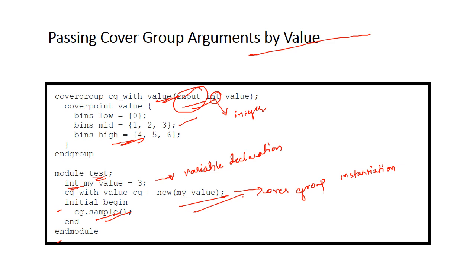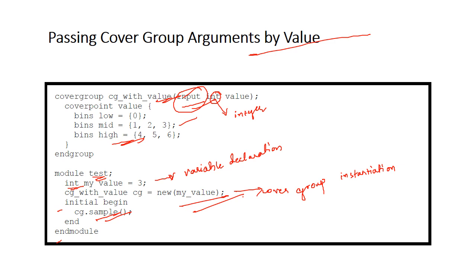What is this indication? Bins low = 0 is going to track when the value is 0, bins mid = 1, 2, 3 is going to track when the value is 1, 2 and 3, whereas bins high = 4, 5, 6 is going to track when the value is 4, 5 as well as 6.